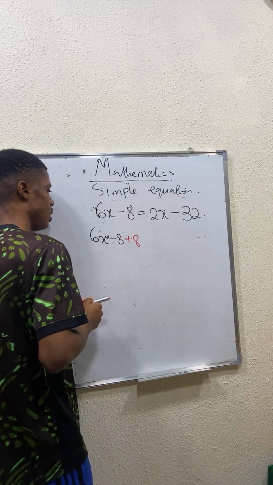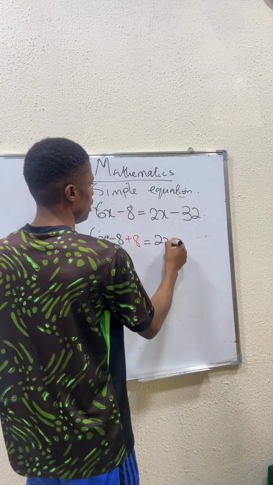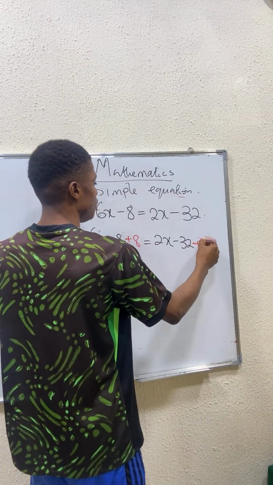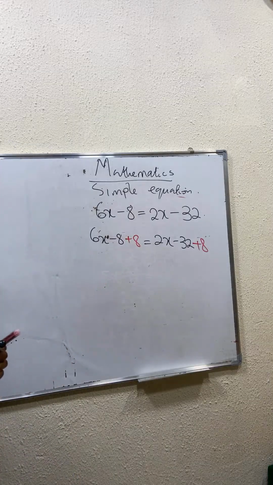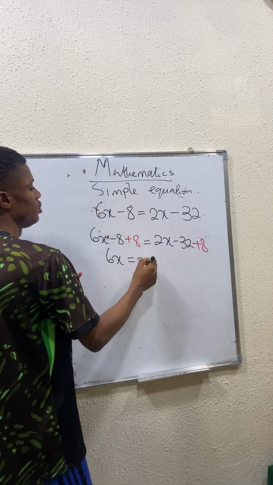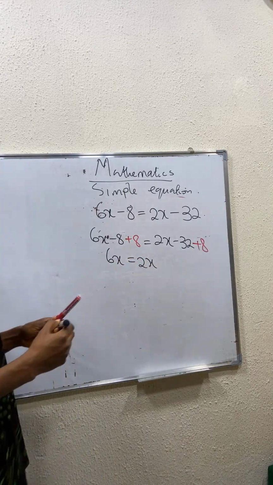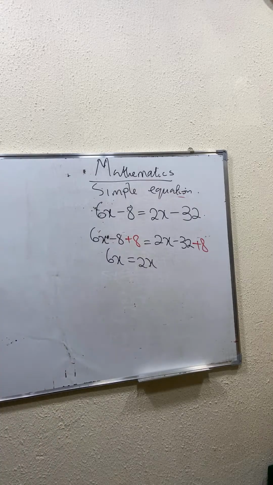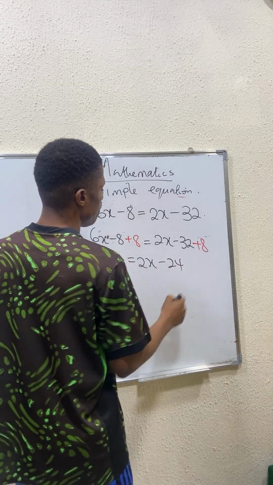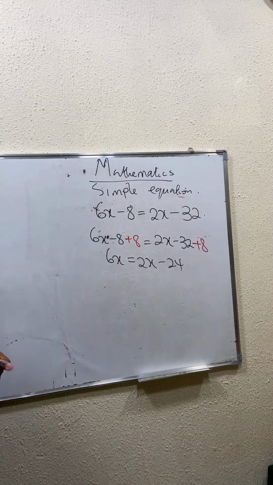So if you add 8 to both sides, you have 6x is equal to 2x minus 32 plus 8. What is minus 32 plus 8? The answer is minus 24.